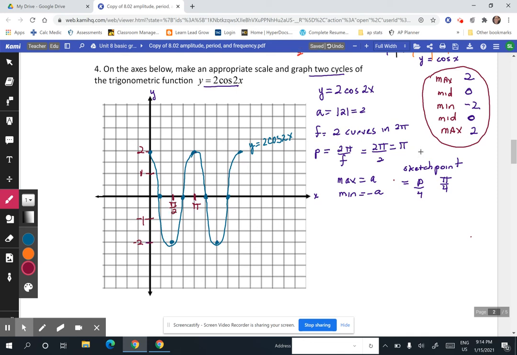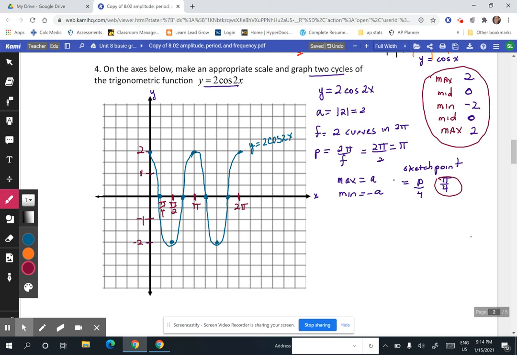So what do you think this point over here would represent? Well, that's halfway between 0 and pi over 2. That's pi over 4. That's your sketch point. And just so we have a little bit of better understanding, what's this x value here? Well, that's just 2 pi.